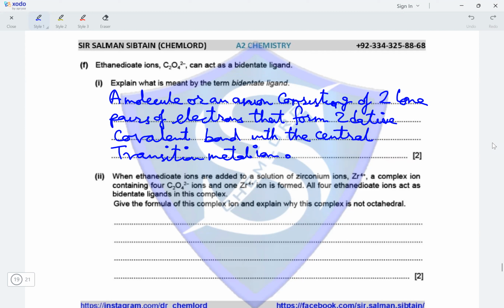So a bidentate ligand forms two dative covalent bonds, and a ligand forms dative covalent bonds. So, combining the two definitions together, we have something that forms two dative covalent bonds because it has two lone pairs of electrons.